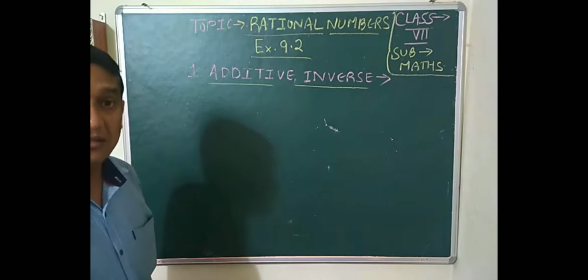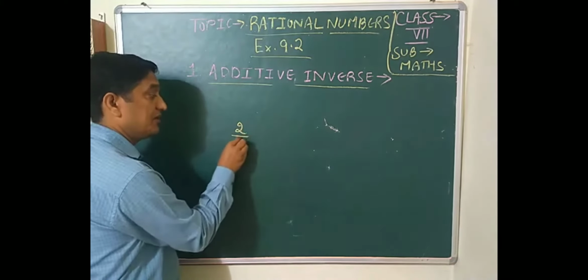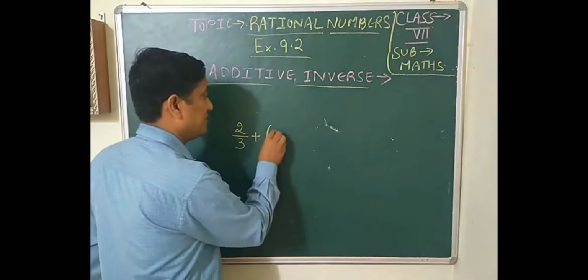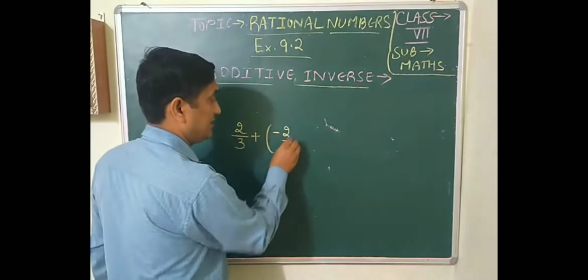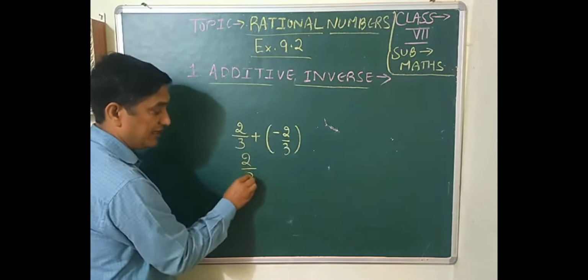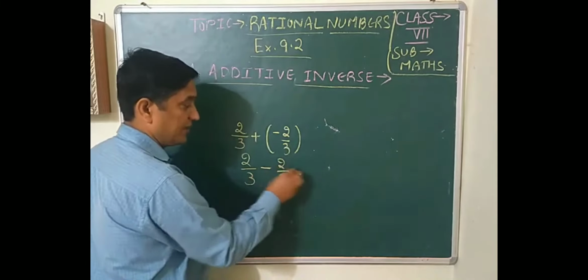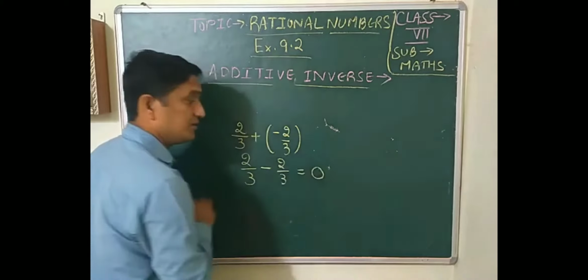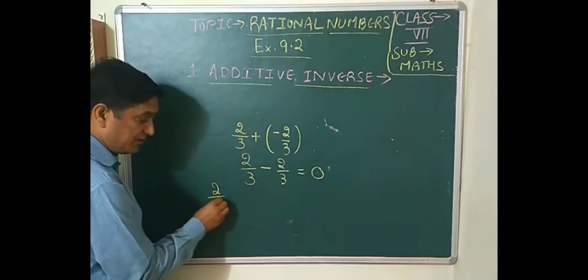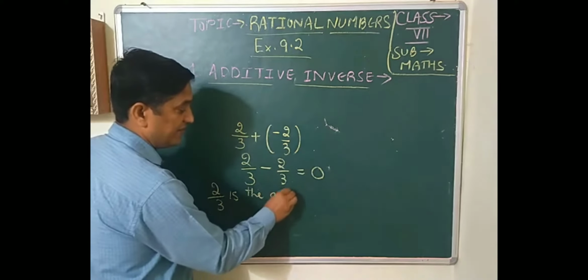For example, if we add 2 upon 3 plus minus 2 upon 3, the answer is 0.